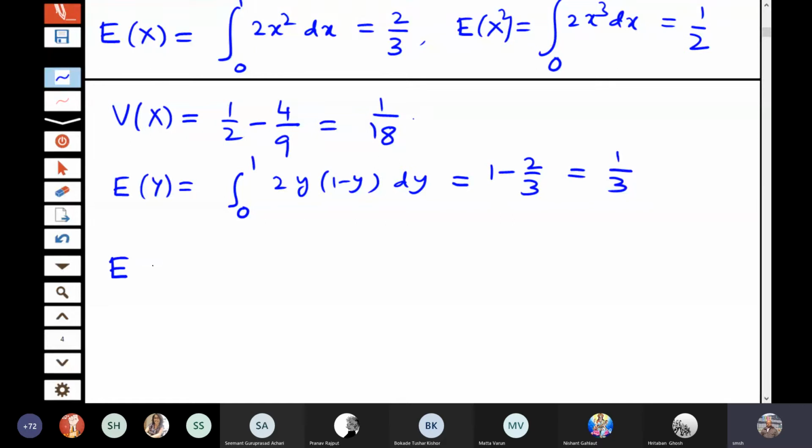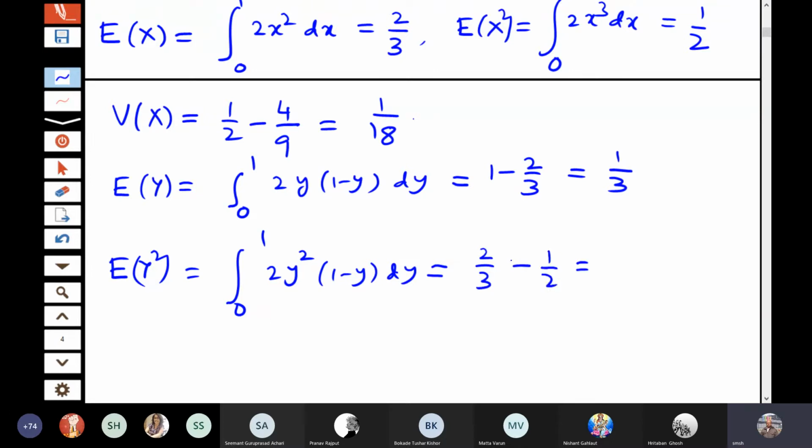Then you can calculate expectation of y square, that is integral 0 to 1 2y square into 1 minus y dy. So that is 2 by 3 minus 1 by 2, that is 1 by 6.